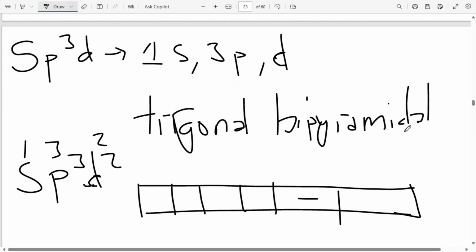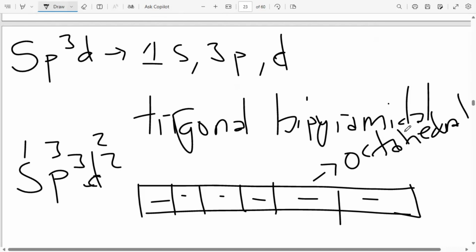So these are the two d orbitals, three p orbitals, and one s orbital. These are going to combine to form degenerate orbitals to allow bonding of atoms. And once you have this type of bonding, the geometry is known as octahedral, just like that. So that is all about chemical bonding.